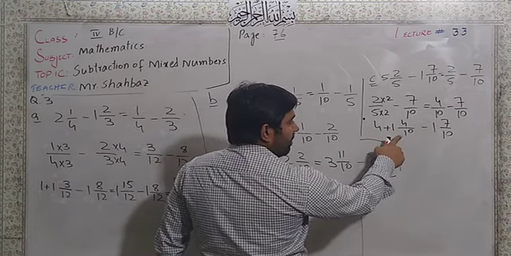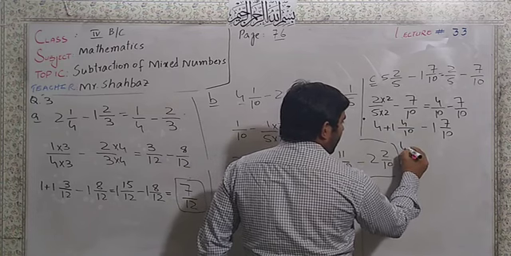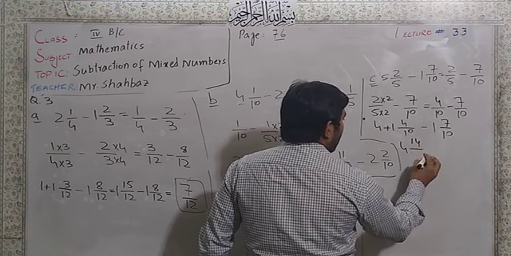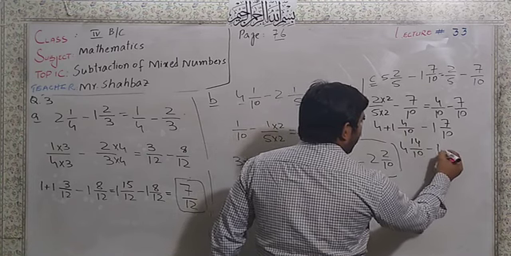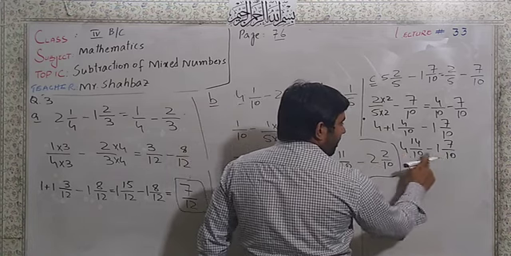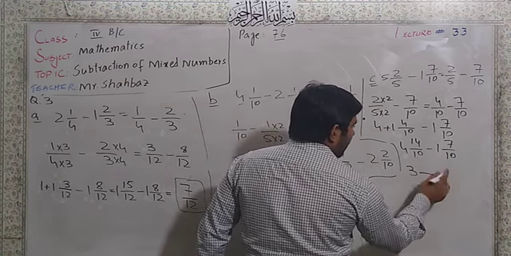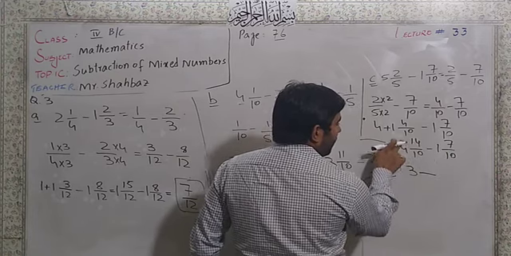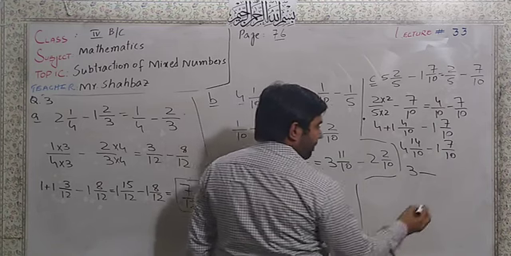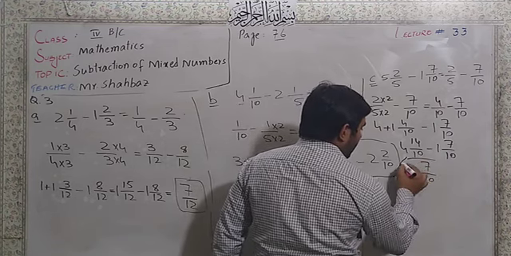Again when you multiply this with 10, 1 times 10 is 10 and plus 4 is 14, and this is whole number 14 over 10 minus 1 and 7 over 10. Subtract whole number with whole number. 4 minus 1 will be 3. 14 minus 7 will be 7. And this is the answer.